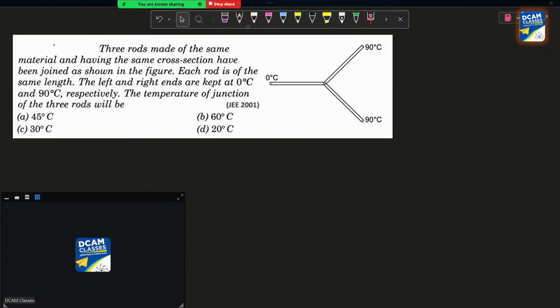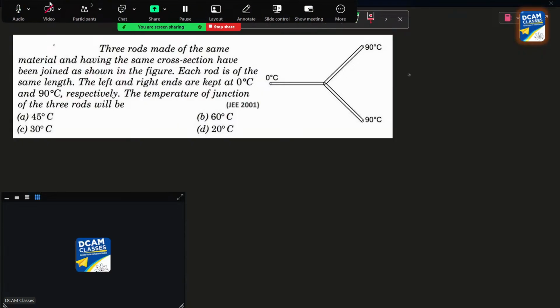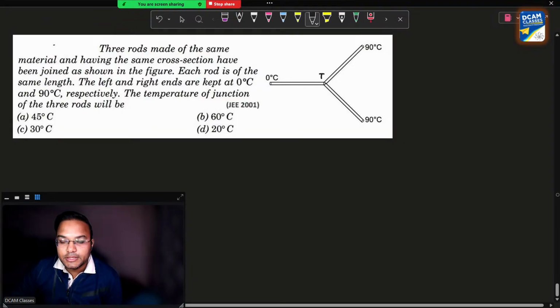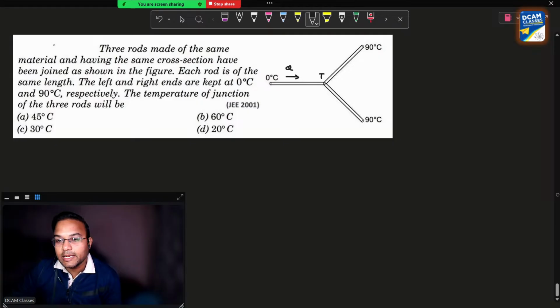See, the concept that you should apply here is, suppose the temperature of this point is T, and Q is the heat passing from this left end to this point.